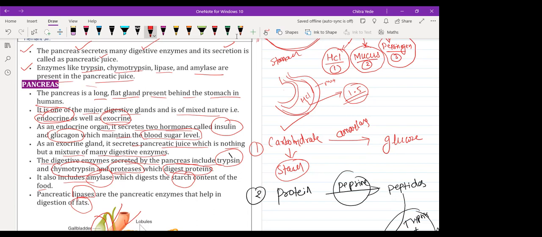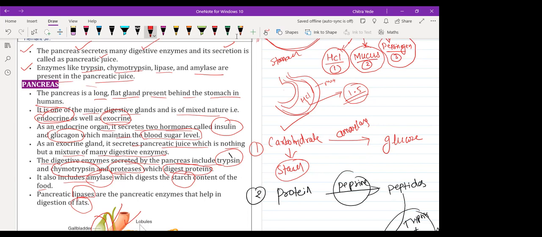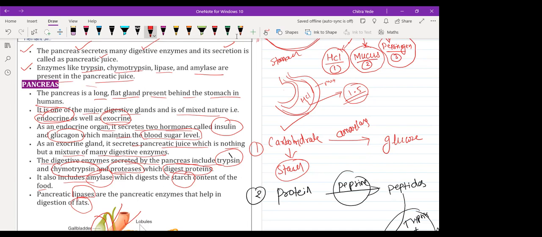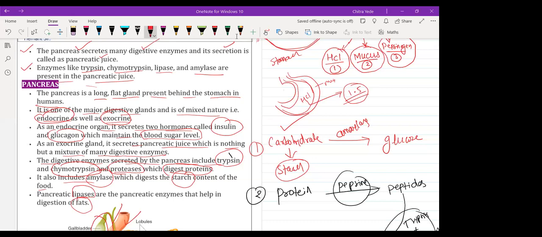More doubts? Sir, what about other nutrients? They are also digested in the intestine, right, sir? Like vitamins and all those. Oh, vitamins. Sir, you're on mute. Oh, sorry. They are not digested, but broken down into a simpler form so that they can be easily absorbed, and they are required in very small amounts in our body.